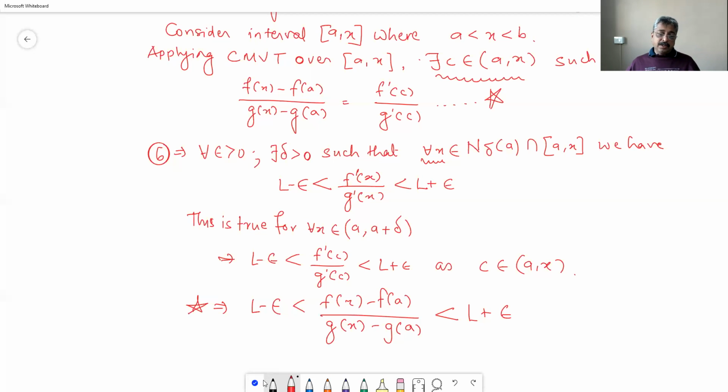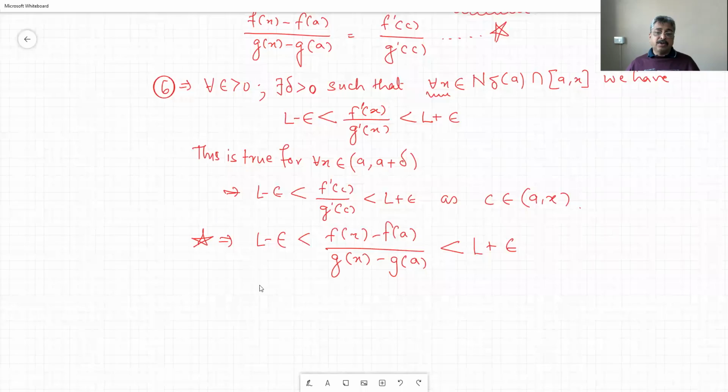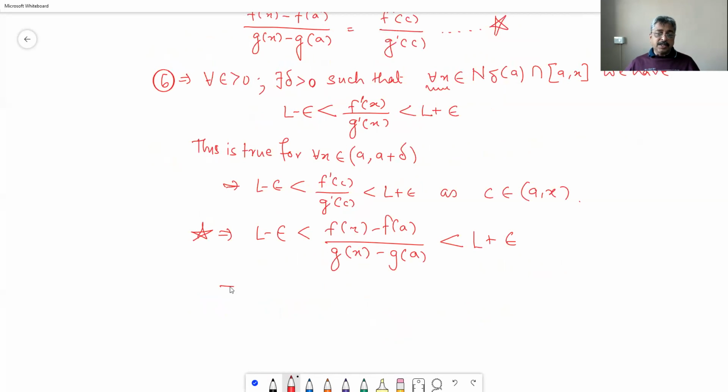Is that correct? Yes. Therefore, this implies now f of a and g of a, both of them are 0. L minus epsilon is less than f of x upon g of x is less than L plus epsilon.